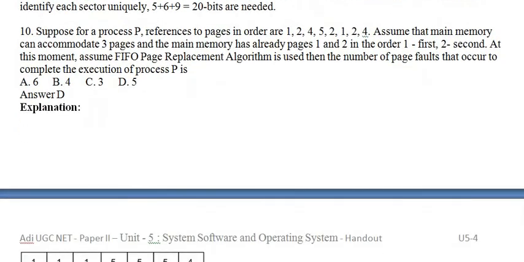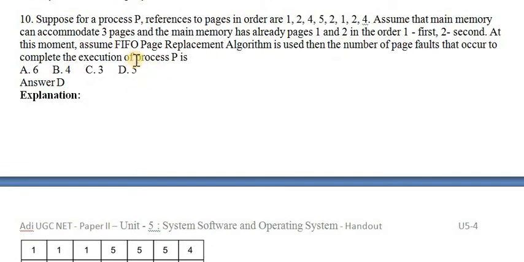Okay, so next one: suppose for a process P, references to pages in order are 1 2 4 5 2 1 2 4. Assume that main memory can accommodate 3 pages and the main memory has already pages 1 and 2 in that order. Which means we have 3 page frames already.